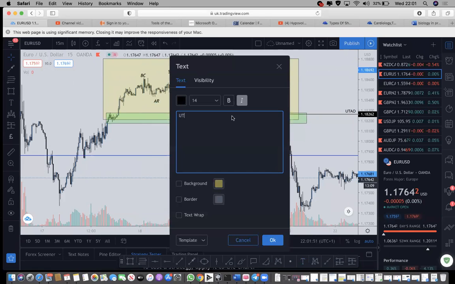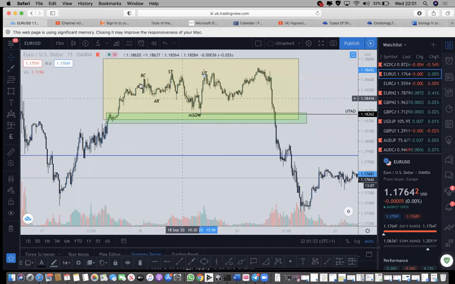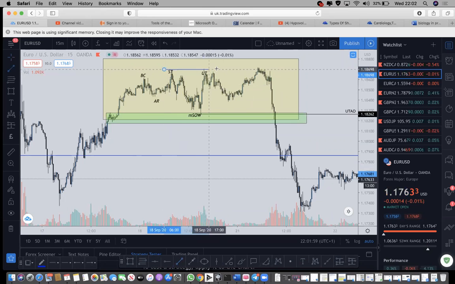UT. And remember, I showed you an example telling you that usually when there are some sort of equal highs created, that is the sweetest Wyckoff that I love. And look at that. Imbalance sitting right there.